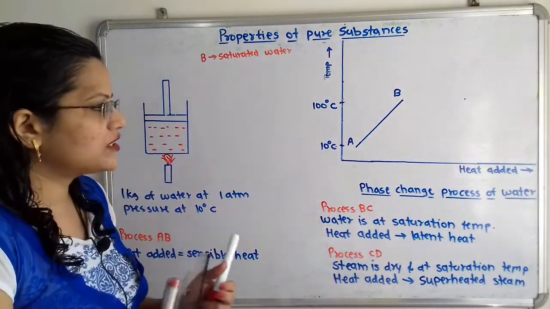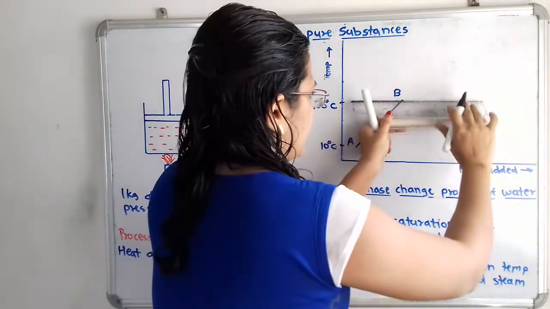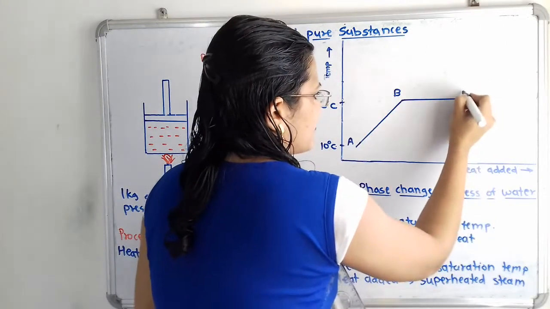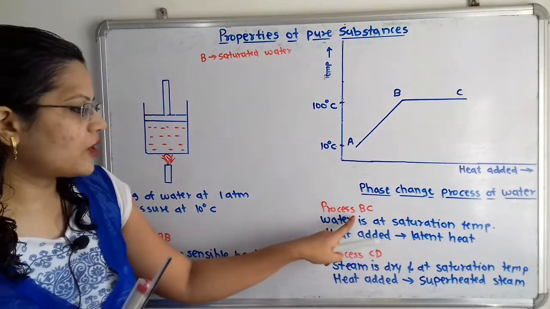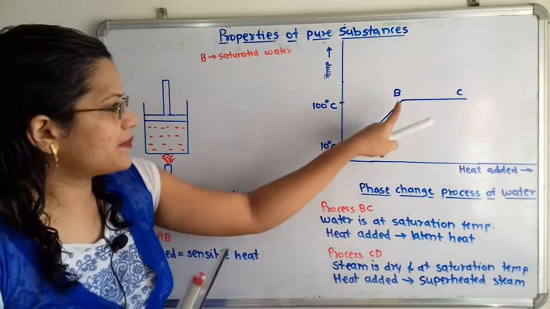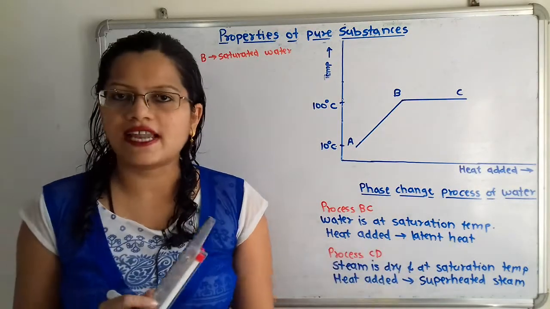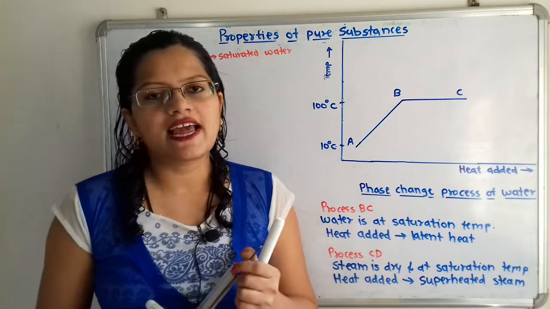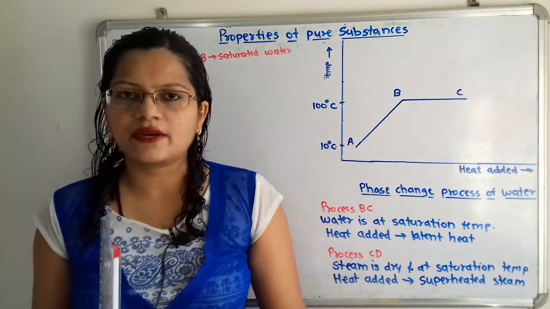We will show this process B to C at constant temperature, and here we will show point C. This water is at saturation temperature at point B, and the heat added is known as latent heat. Now why is this heat known as latent heat? Because here the phase change process is taking place.